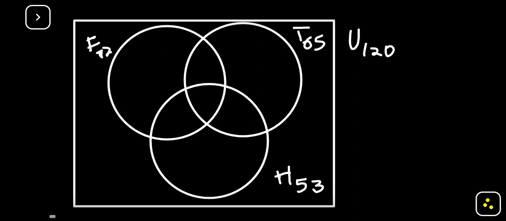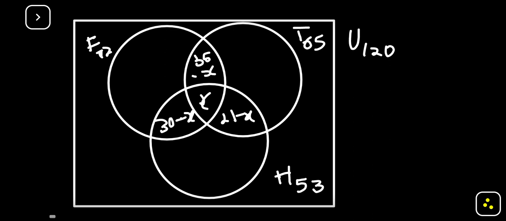We do not know the intersection for all three, so here would be X. First and Trust is 35, so here will be 35 minus X. First and Hallmark is 30, so here will be 30 minus X. And Trust and Hallmark is 21, so you'll have 21 minus X.